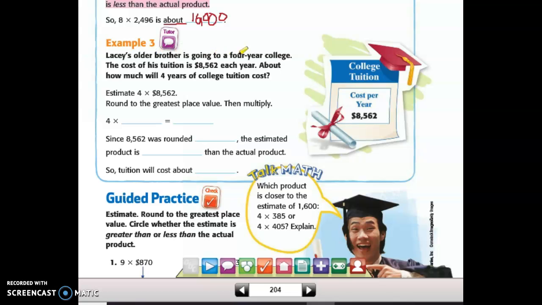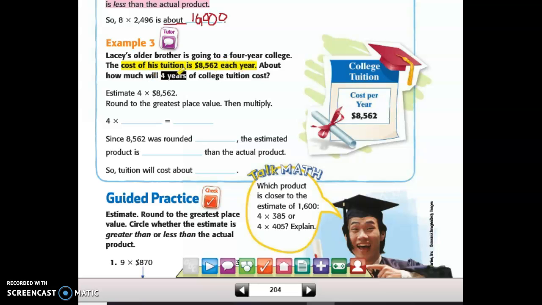Lacey's older brother is going to a 4-year college. The cost of his tuition is $8,562 each year. About how much will 4 years of college tuition cost? Okay, what do I need to know? Cost of his tuition is $8,562 each year.